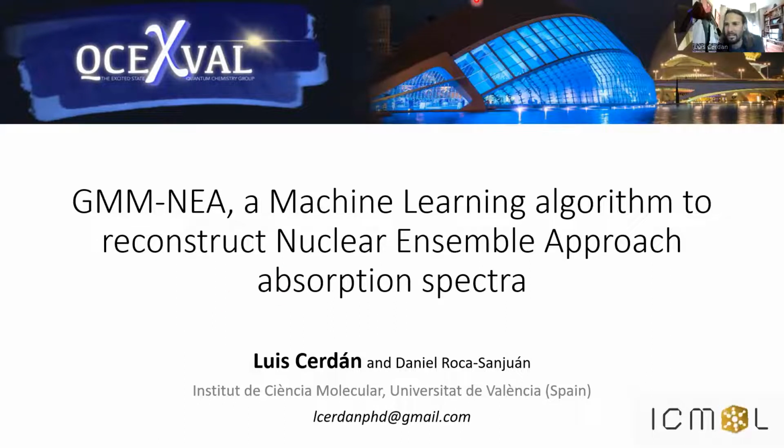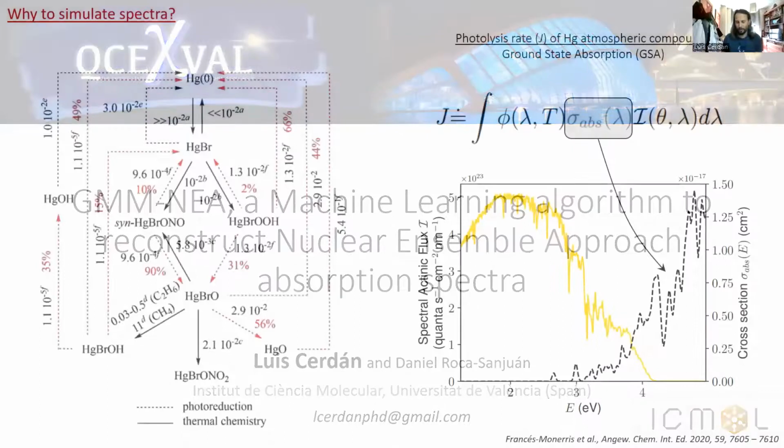Okay, good. So thank you very much. Today, in today's talk, I'm going to speak about how to combine machine learning techniques with quantum chemical computations in order to obtain better predictions in the context of calculation of electronic spectra. So why do I want to compute spectra?